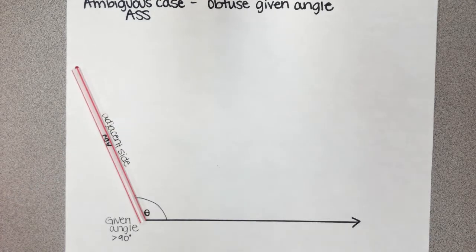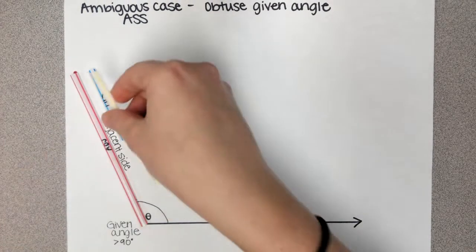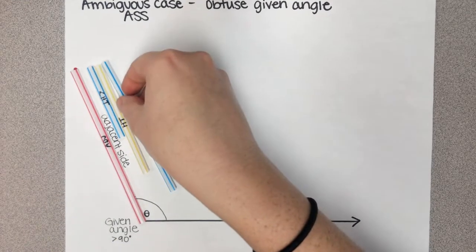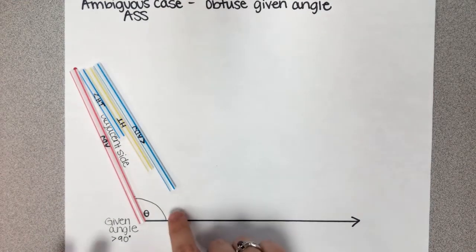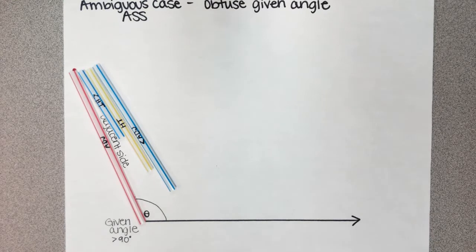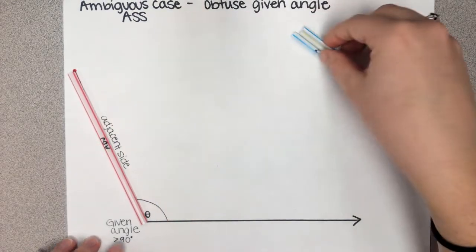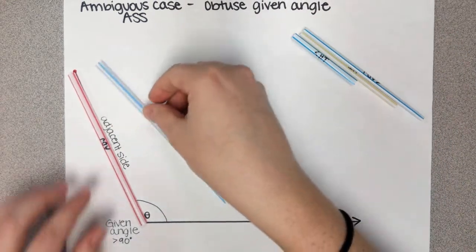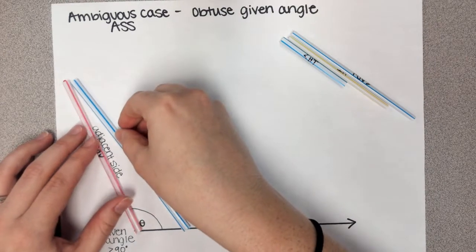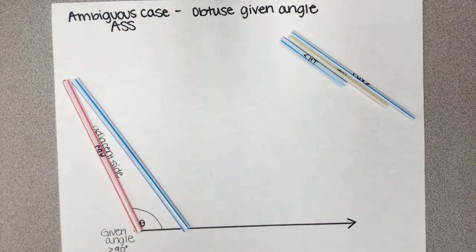Now, what has to be true for me to even create one triangle? None of those are going to reach this ray. So I heard someone say what? The opposite side has to be longer than the adjacent side. And then you create one triangle. That's it.